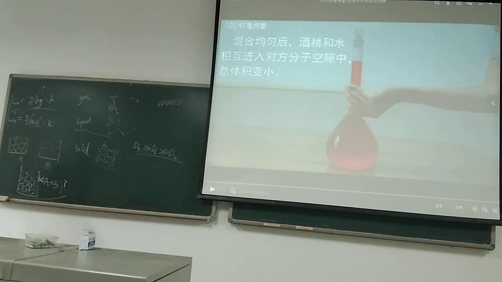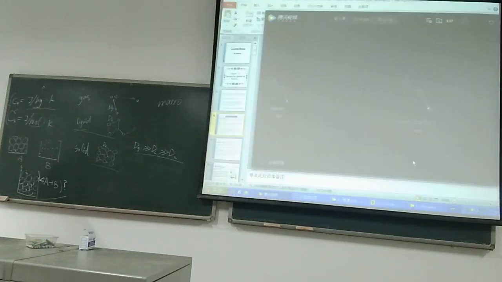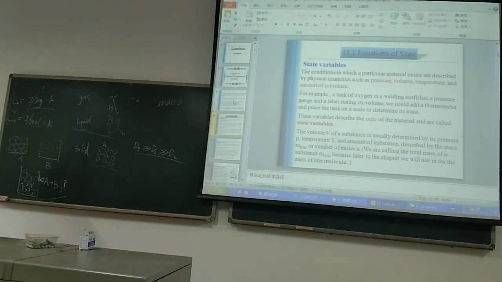And the distance between them is so large we can see the effect. Then we got to know what exactly it is for gas, for liquid, and solid.